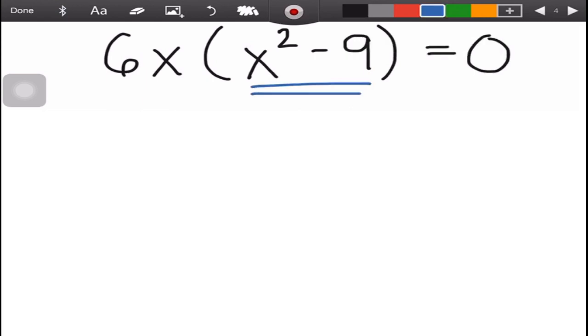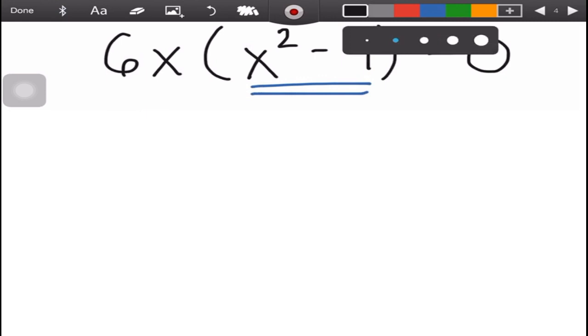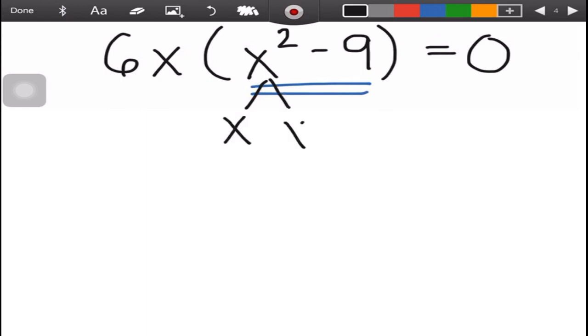Looking at the terms inside the parentheses, we can say that this is a difference of two squares. So how can we factor a difference of two squares? Factor the first term, x and x, and then factor 9, that is 3 times 3.